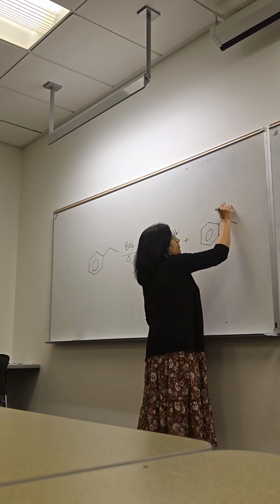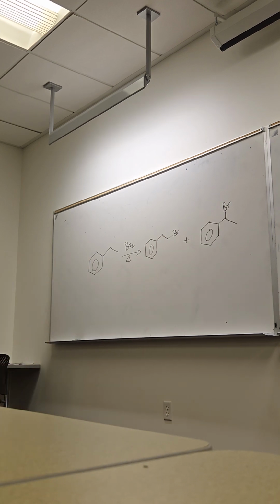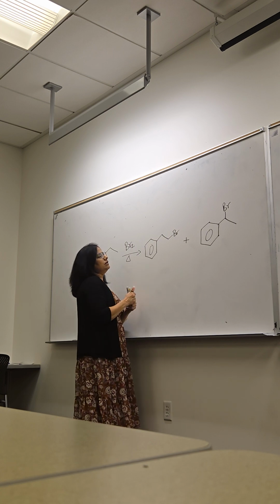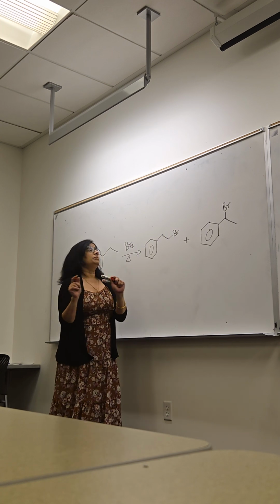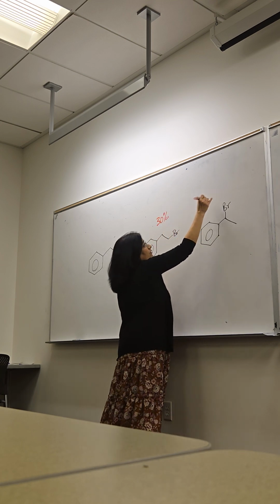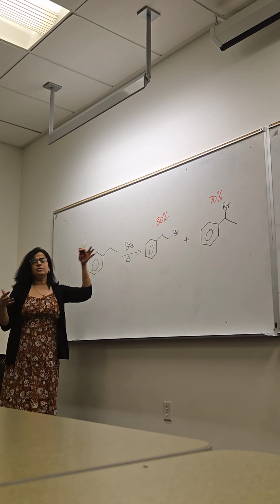Absolutely. Do you agree? Which do you expect to be major? The second one. Absolutely, because it's coming from the more stable free radical, and maybe, and I'm making up numbers here, we might get 30% of this and 70% of that product. That's a made up number just to give us an idea that that's a major product.